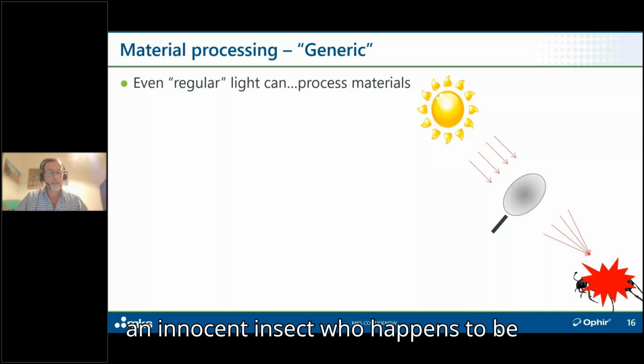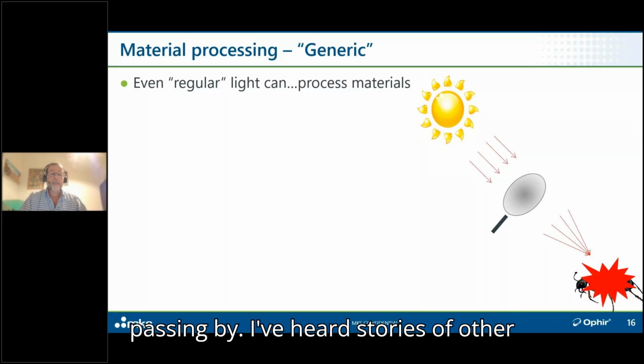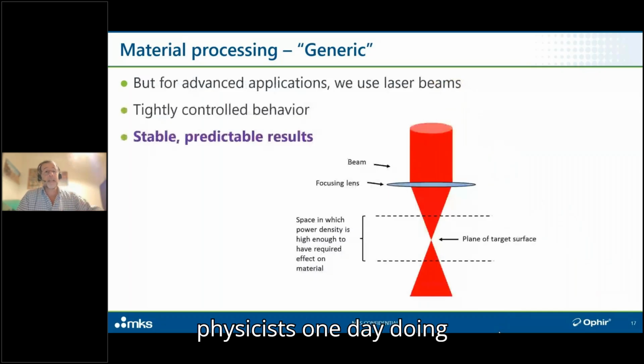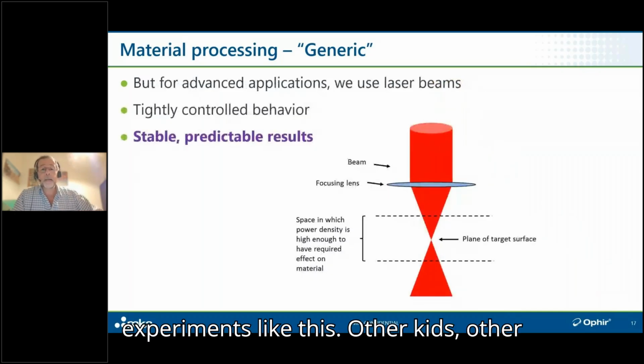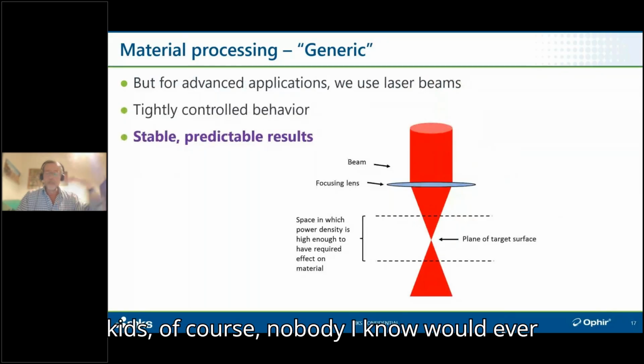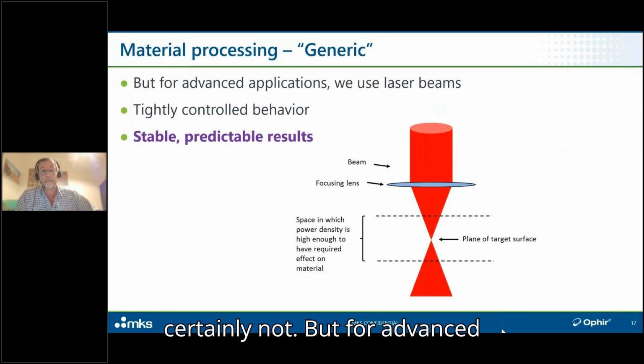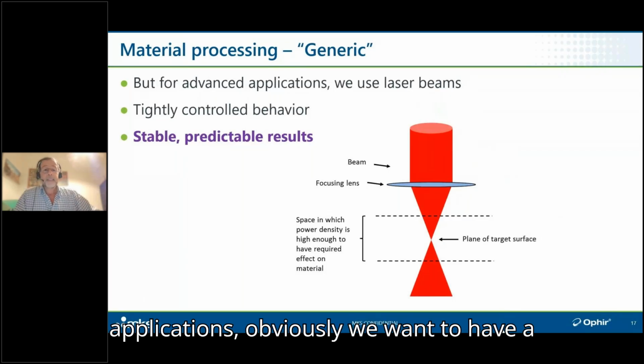No, certainly not. But for advanced applications, obviously, we want a process that we're in much more control of, and we're going to use a laser beam. So you have a generic material processing application. You've got a laser beam, suitable wavelength, suitable power, et cetera, for the application that I'm going to use it for. Some kind of a focusing lens, and then the beam gets focused down.